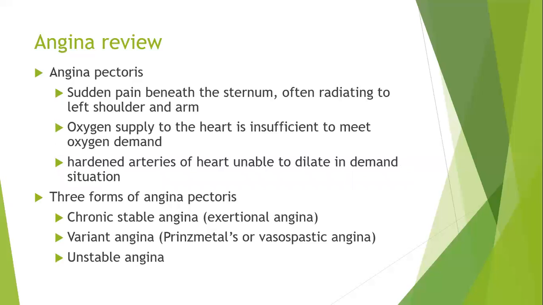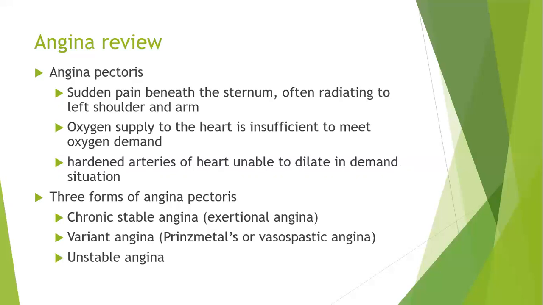So, angina, what is it? It is a sudden pain beneath the sternum. It's a chest pain of various descriptions. It's caused by oxygen supply to the heart, which is insufficient to meet oxygen demand.